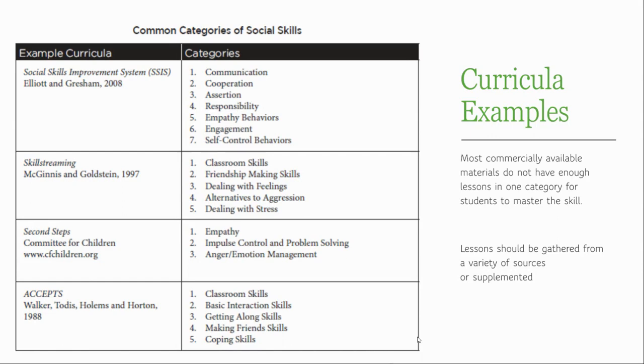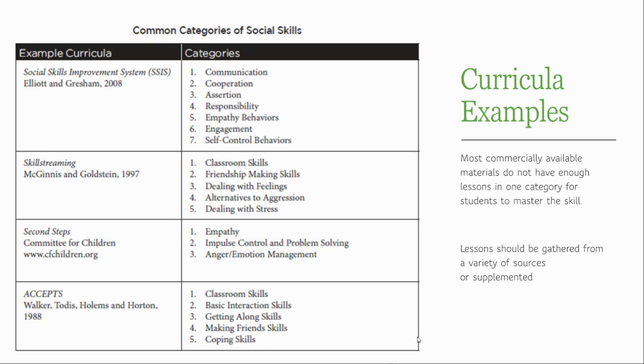So some things to think about. Here are some common curricula, some examples. There are a number of curricula that can be purchased. That team really wants to investigate and research any type of curricula before purchasing it, to understand the components of that curricula and the resources needed before you purchase anything.